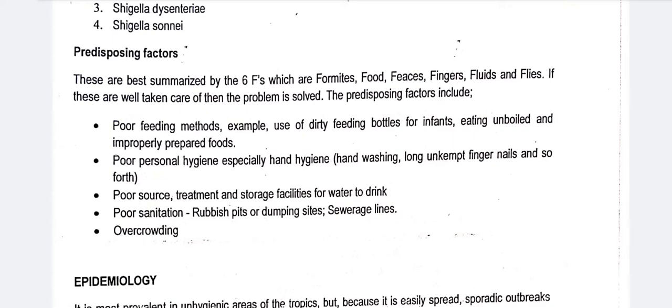Everyone should have a pit latrine somewhere, not so? Now, if everyone wishes, they can go anywhere, sit anywhere. For example, this is a community. You look outside, someone is seated there, defecating, another one here, another one there. There are communities where you will not spot a toilet. Then you ask yourself, where do these people go?